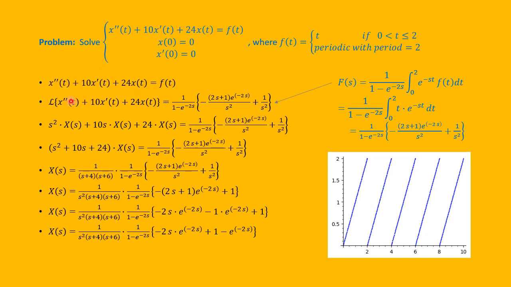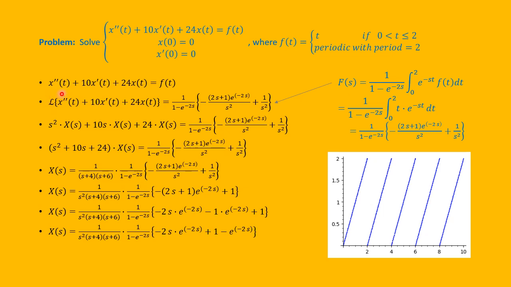Let's take the Laplace transform of both sides. So the Laplace transform of this left-hand side equals the Laplace transform of the right-hand side. This f(t) we looked at just a little while ago on a previous slide, and we found out that its Laplace transform was this stuff right here. Now let's look at the left-hand side a little bit further.